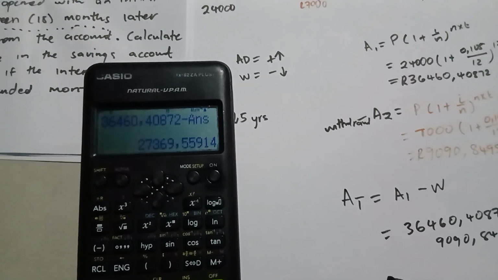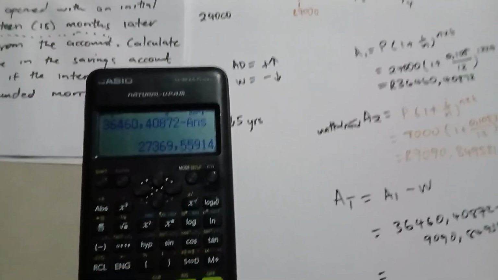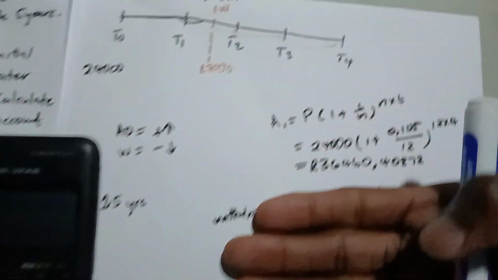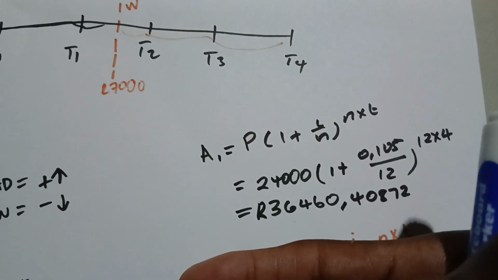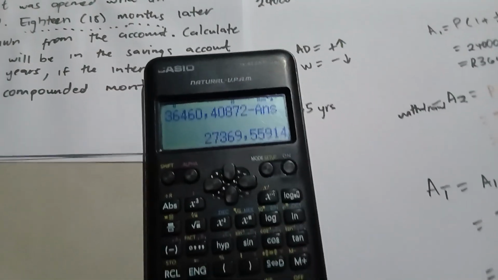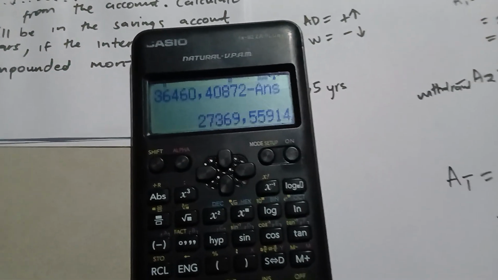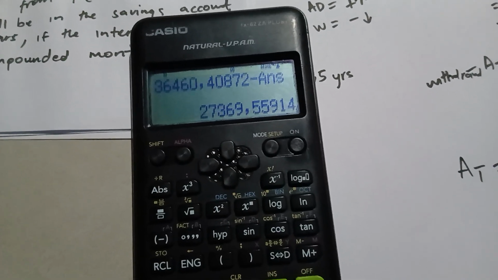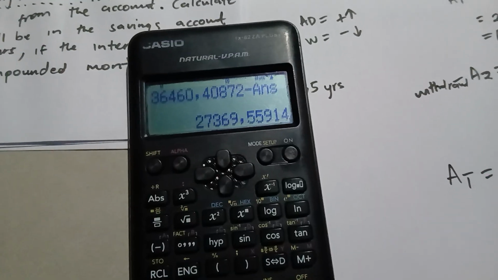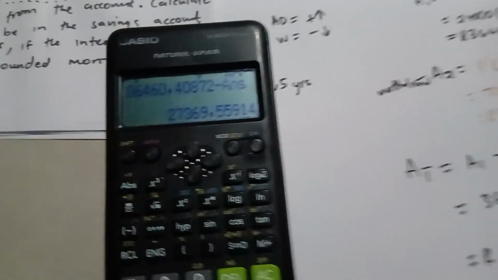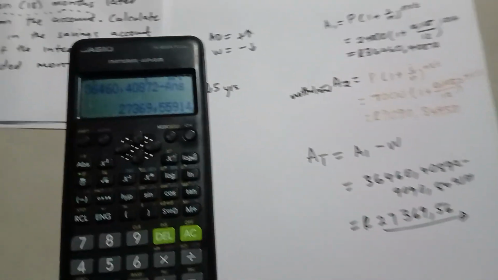See, if I didn't withdraw from the account, the total amount of money I was going to get was 36,000. But unfortunately, because I withdrew 7,000 during the financial period, I will now be getting 27,369.56 rands. So that's how we do it.